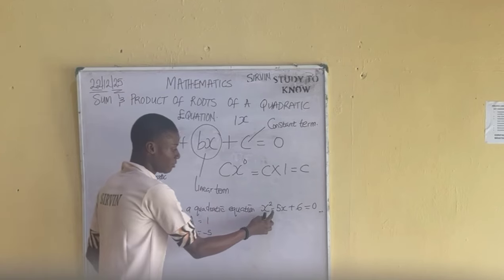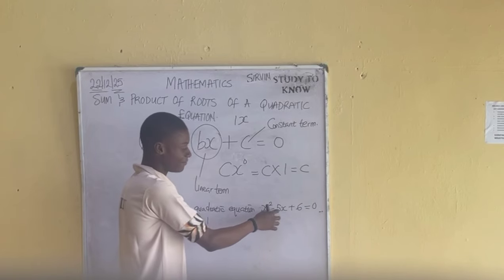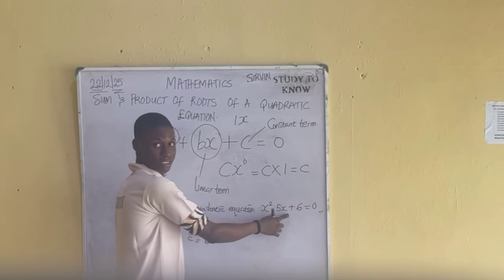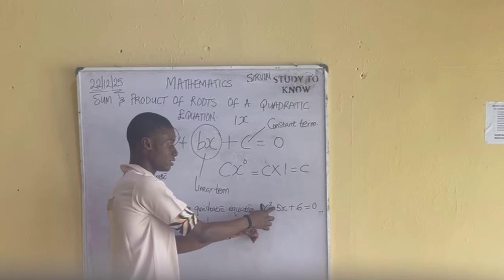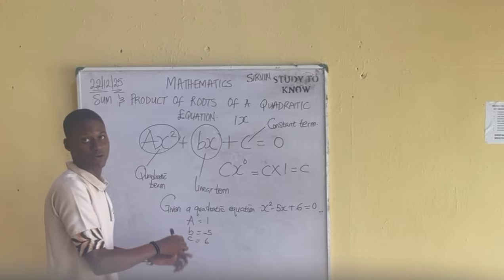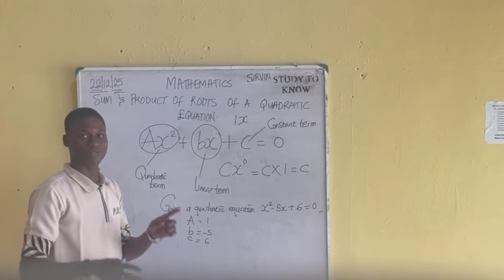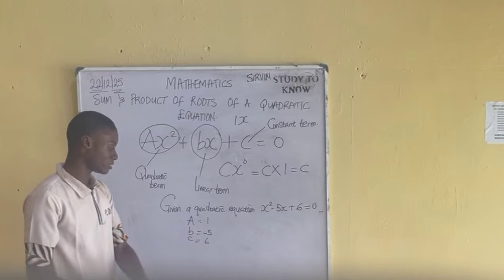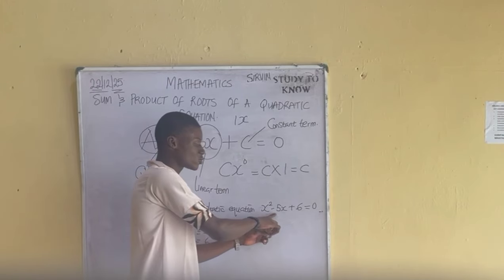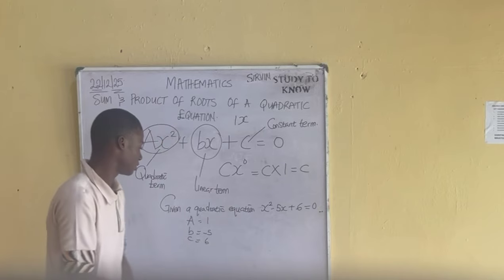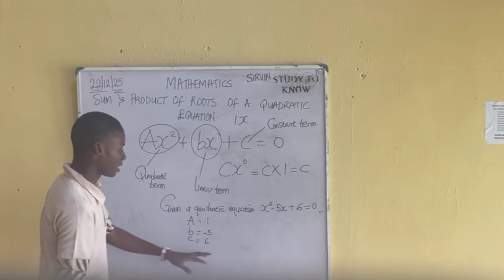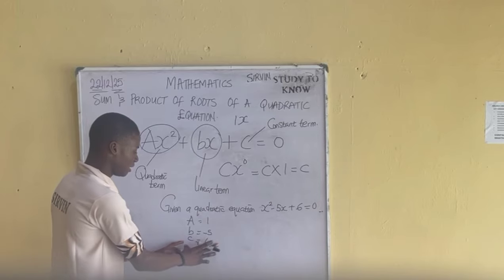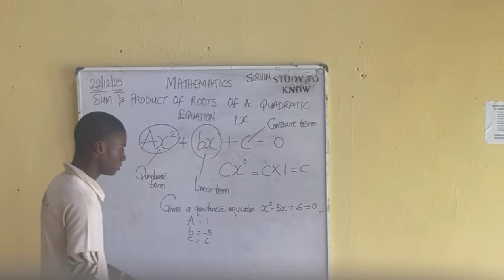So any sign here also affects the coefficients. If you have plus here, the coefficient will still be plus 5 or 5, because 5 and plus 5 are the same. But 5 and minus 5 are not the same. So the sign also affects the coefficients. You understand? So if you are given this, first of all, get A, B, and C before you start solving.